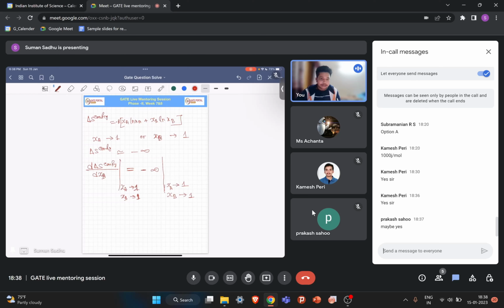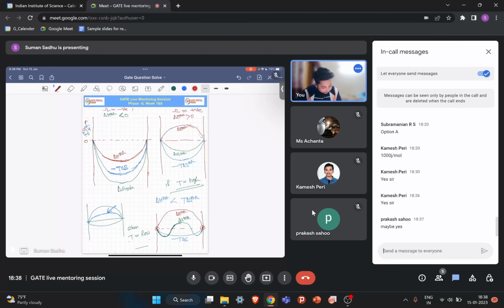So that means at these two ends, your entropy curve has a slope of minus infinity. The slope is very high at the end.